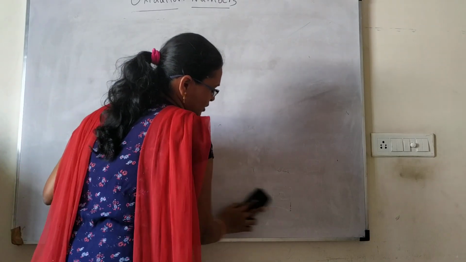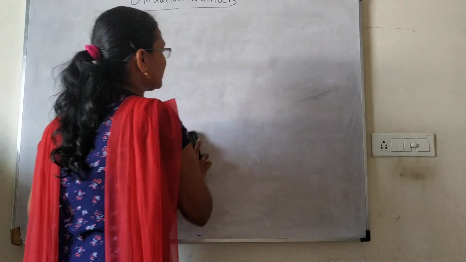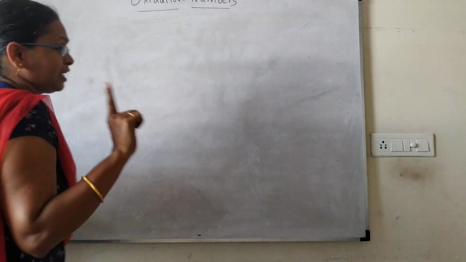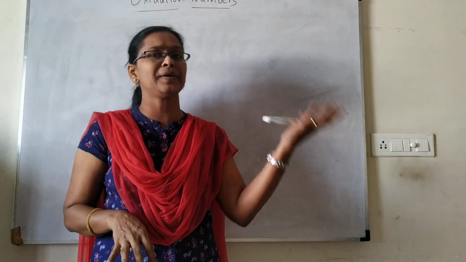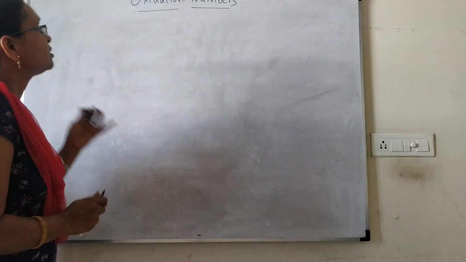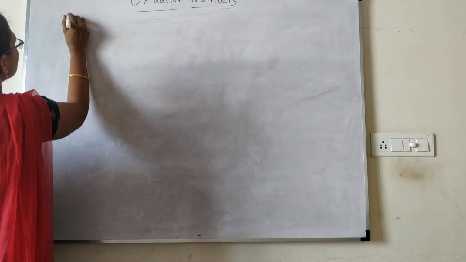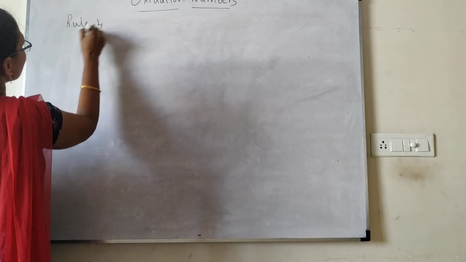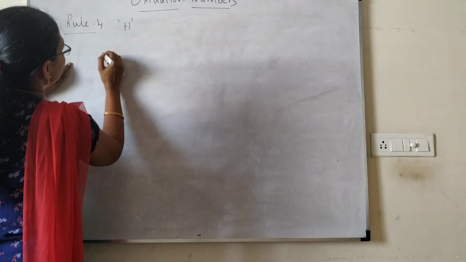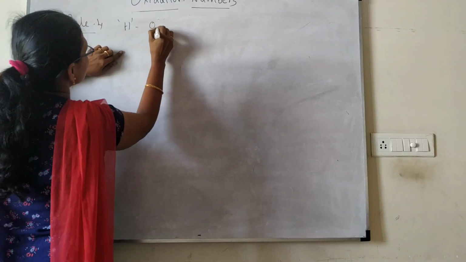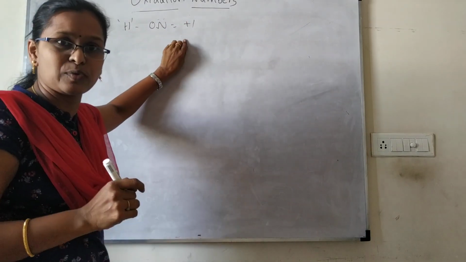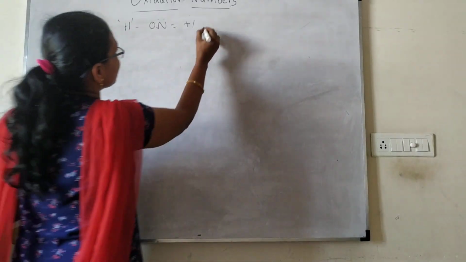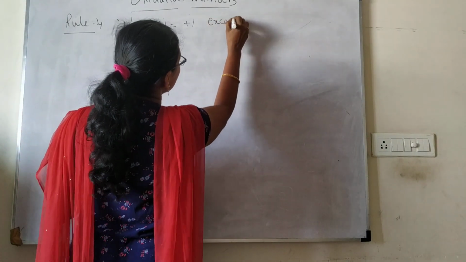Even though it is not a metal, sometimes because of one electron it acts as electropositive, and sometimes it may be electronegative also. Okay, so rule 4 now. Hydrogen oxidation number always will be +1. Okay, +1.